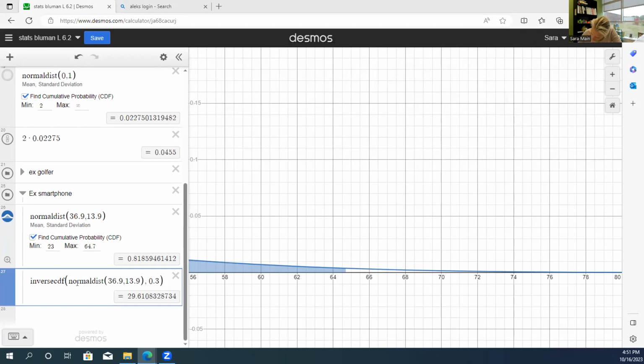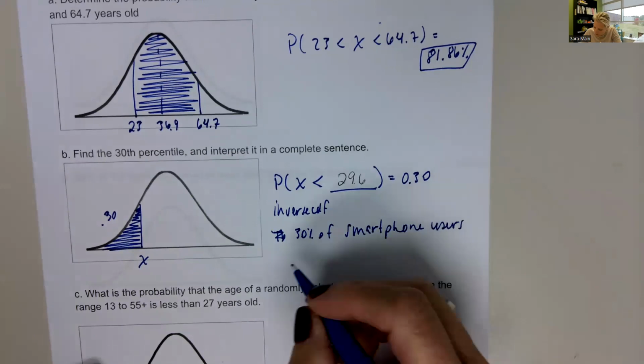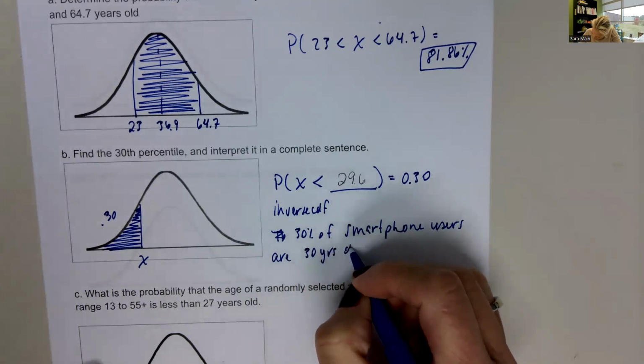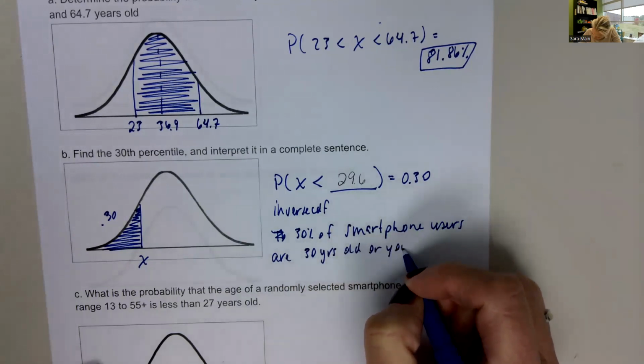So that means that 30% of smartphone users, let me share my screen so you can see what I'm writing. 30% of smartphone users are 30 years old or younger.